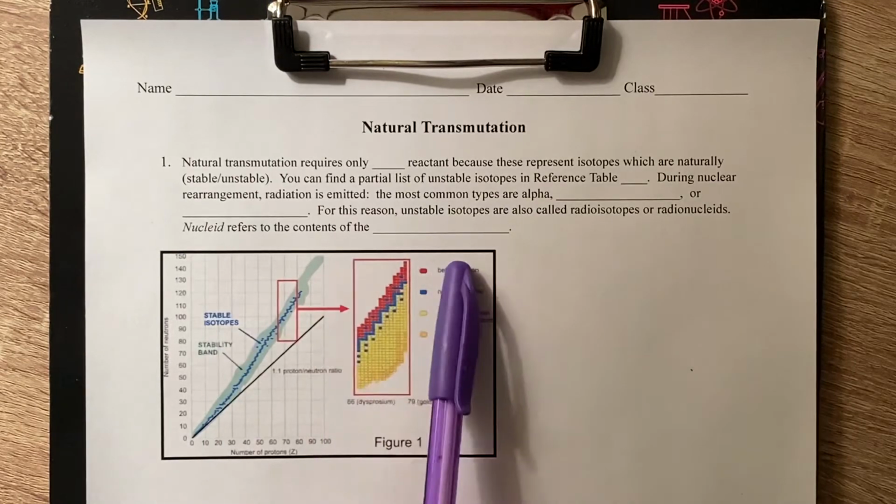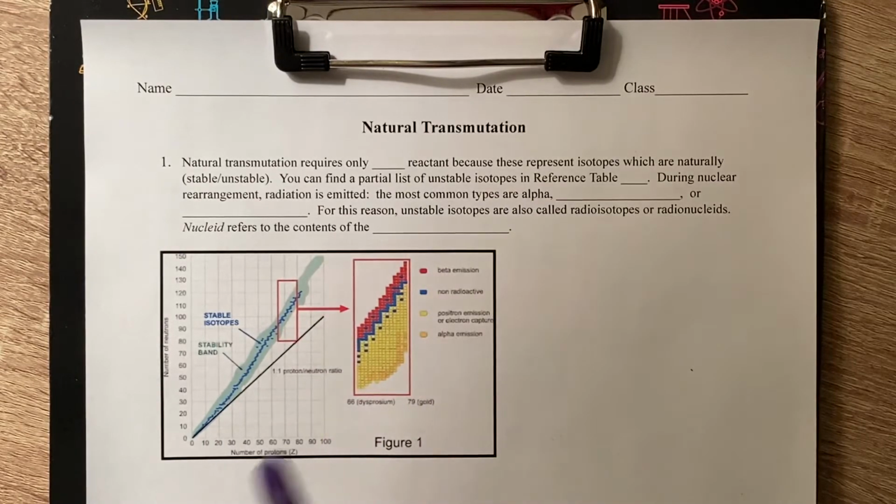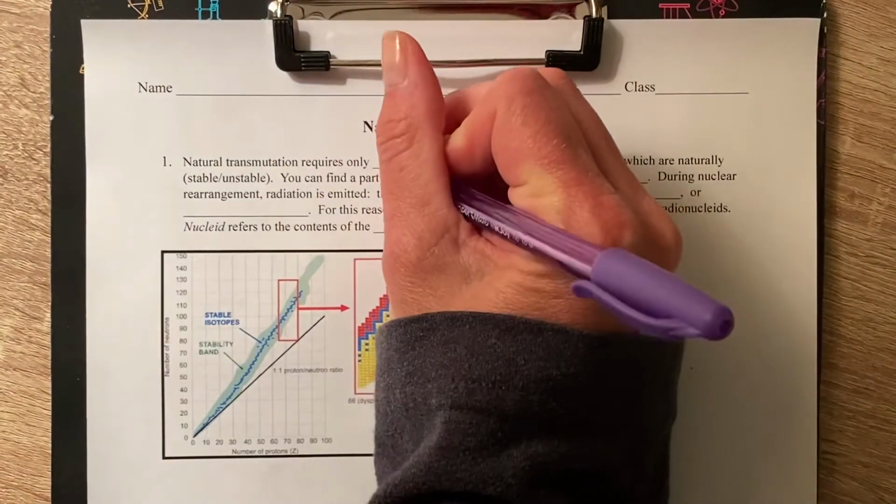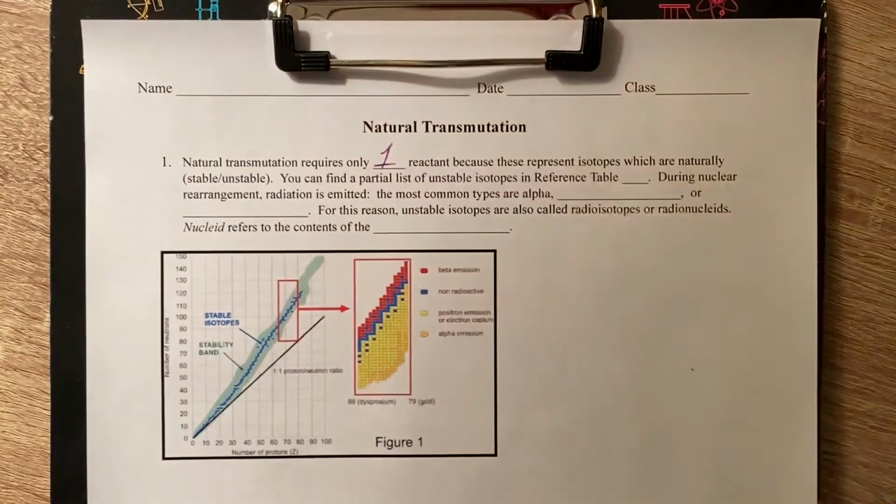So just to get through the notes with this first page. Natural transmutation requires only one reactant. If you remember yesterday, I said that it's always going to be one thing breaking down into two things.